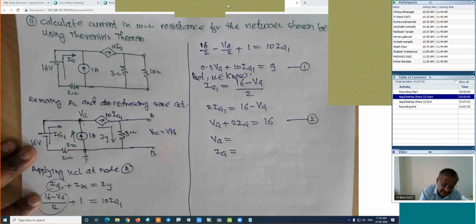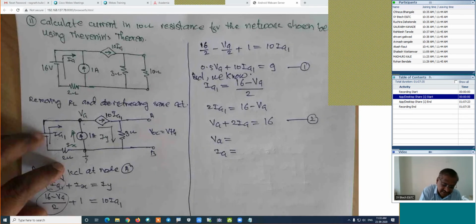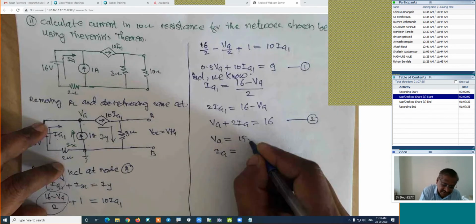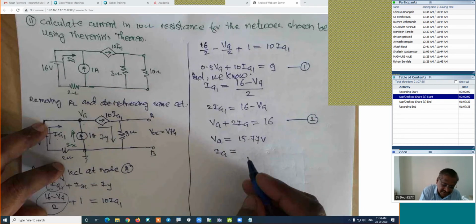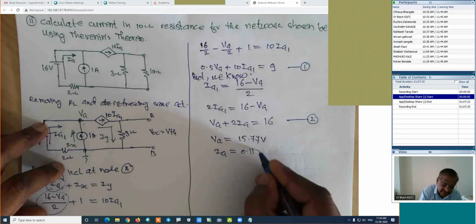Yes, anyone? Yes, can anyone? Yes, Rishikesh. Sir, VA is 15.77 and IA is 0.11 amperes.